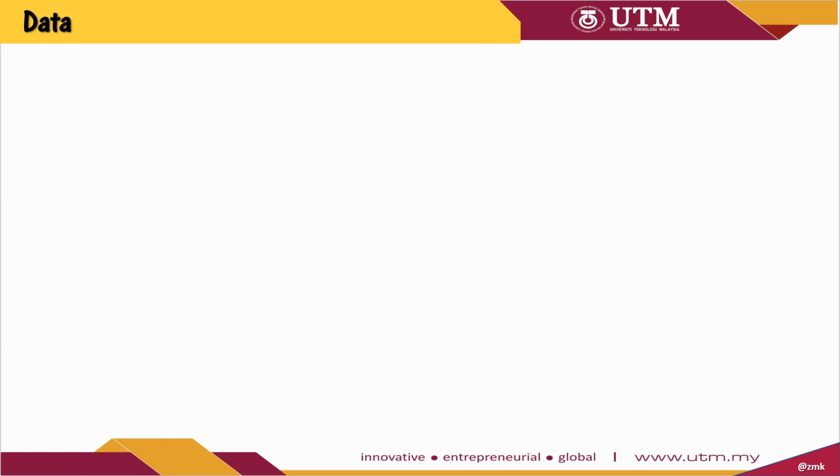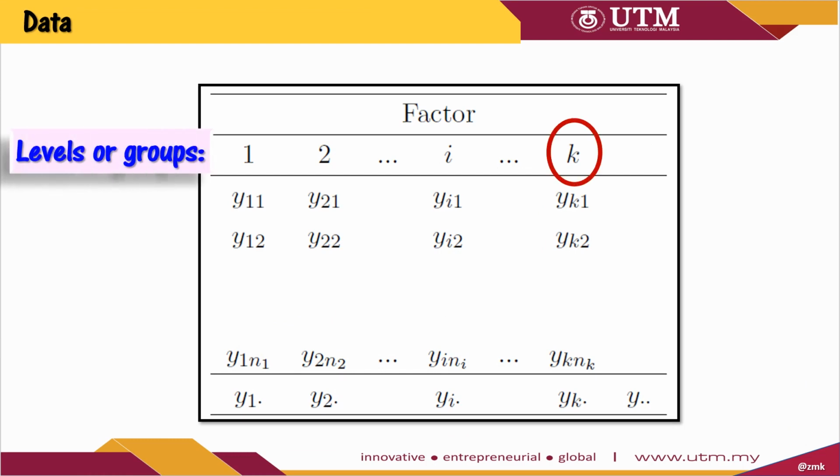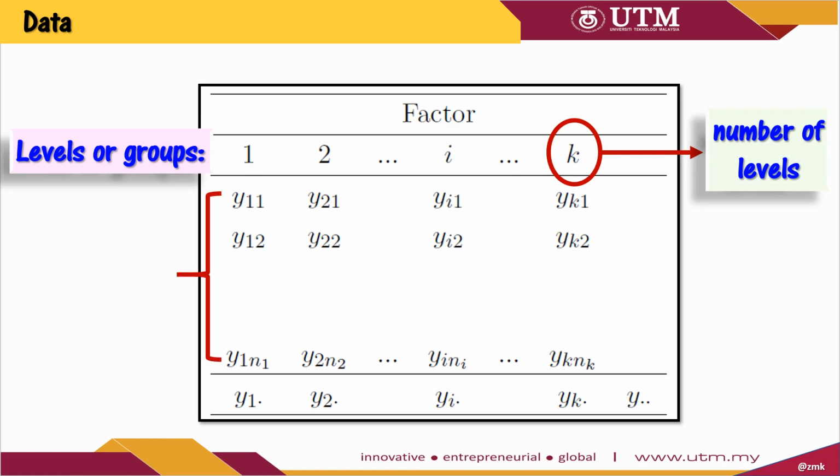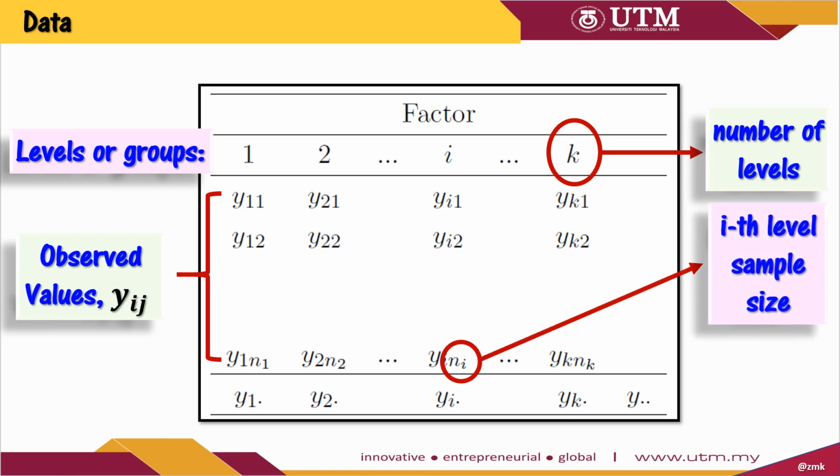Generally, the data for a one-way ANOVA can be in the following form with ith level or group from 1, 2 until k, where k is the number of levels, treatments, or groups considered in a particular study. The observations or observed values from the experiments or samples are denoted by Yij, where i, as you know, goes from 1 to k and j goes from 1 to ni, where ni is the ith level or ith group sample size.